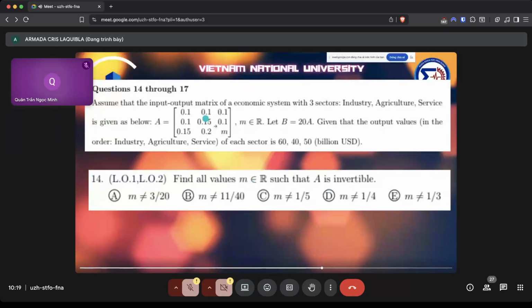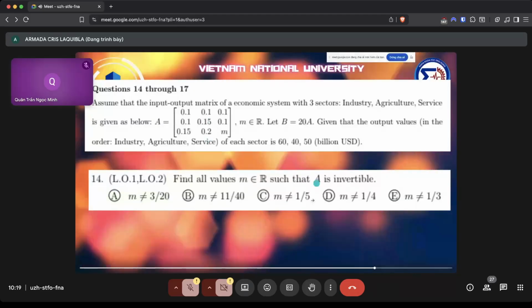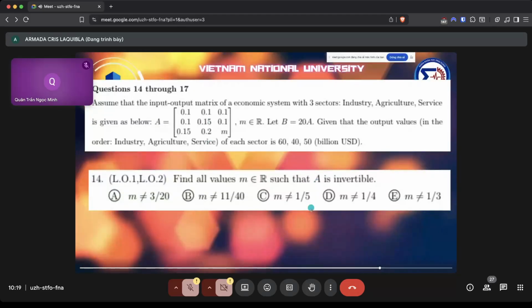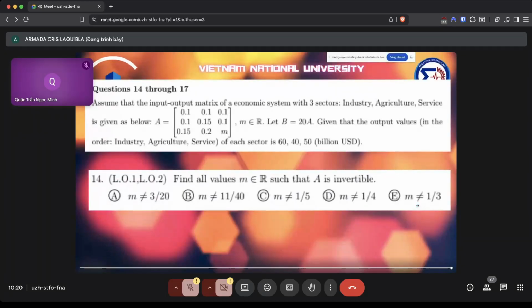So we have to find it, because it will make your A not invertible. That is why the choices here are this way. So m has many values such that your A becomes invertible. We have to find that the determinant should not be equal to 0.